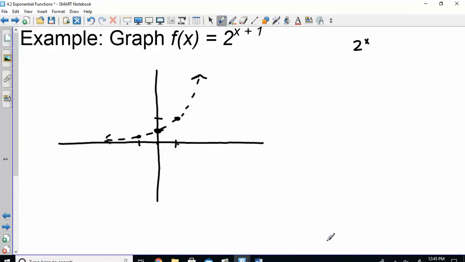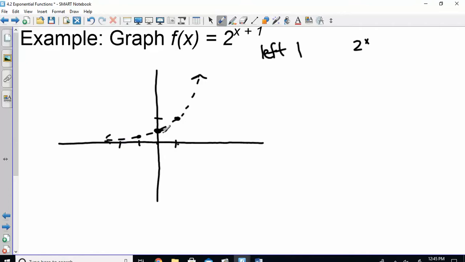What will the plus 1 do? If you add to the x, you go to the left. Remember, it moves it in the opposite direction if it's attached to the x. All right.